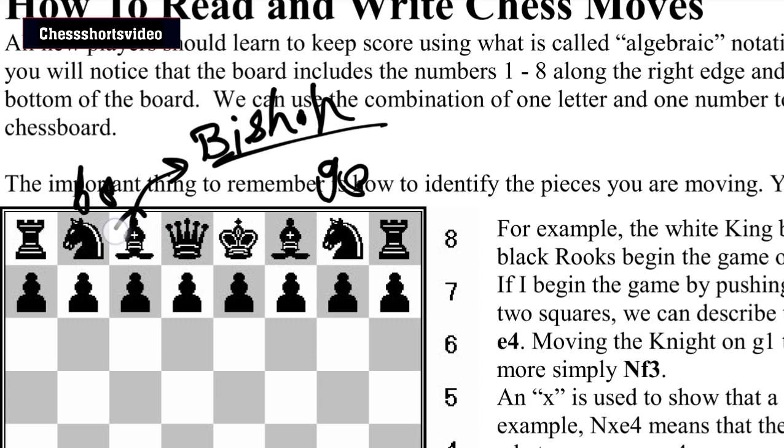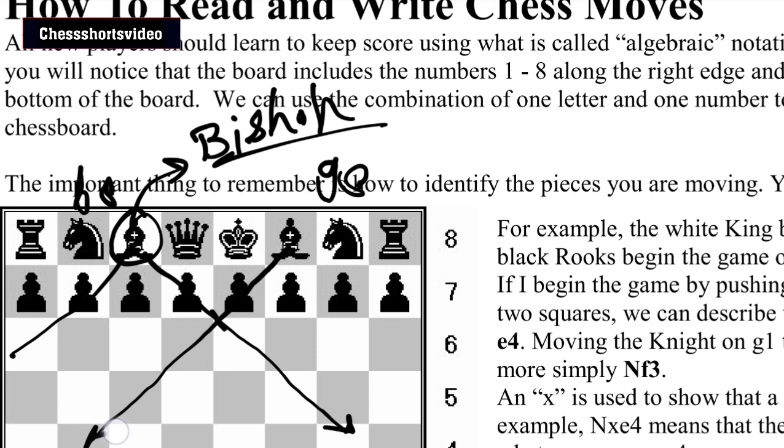One is light and one is dark. So the white bishop only goes to the white files or white blocks, while the dark black bishop always goes to black blocks or black files. In such a way the bishop moves.